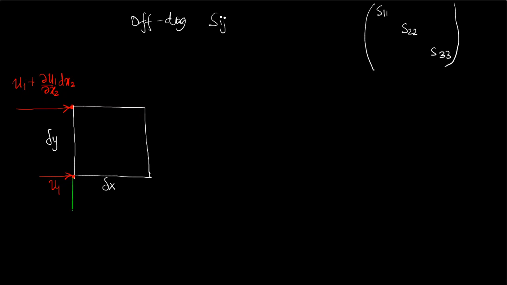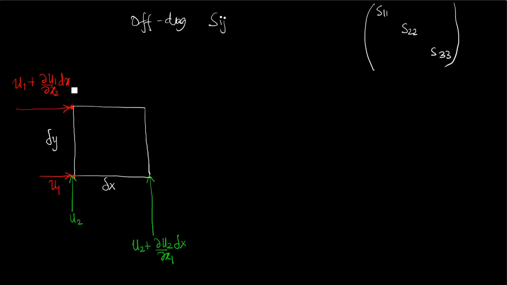Similarly, the velocity over here, if it is u2, then the velocity at this particular point, that is a point where the y coordinate is fixed, will be u2 plus del u2 del x1 delta x.